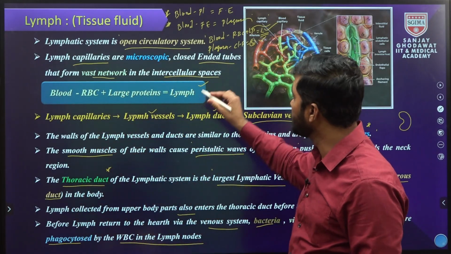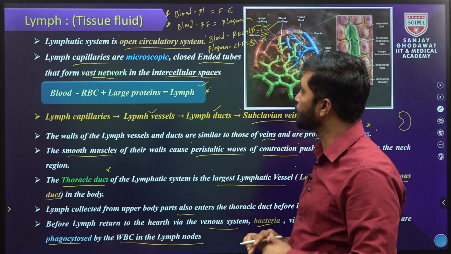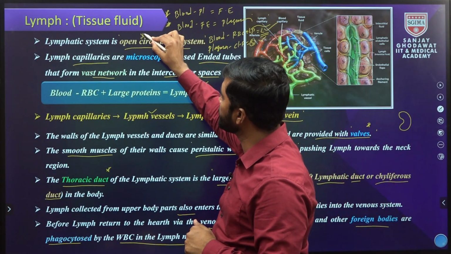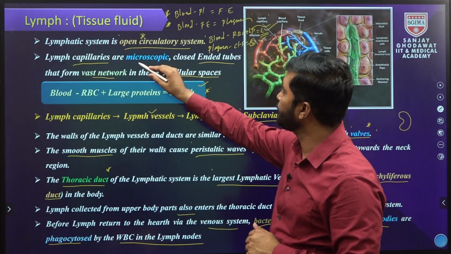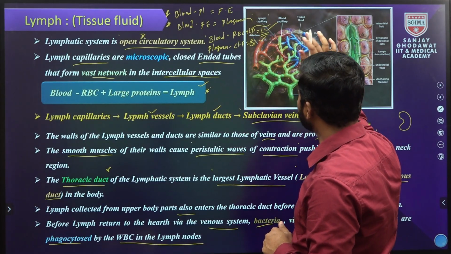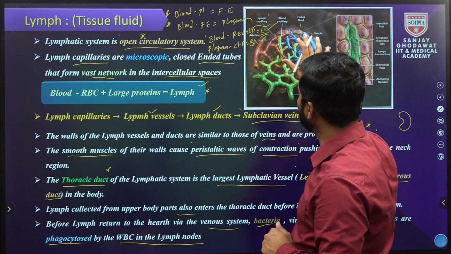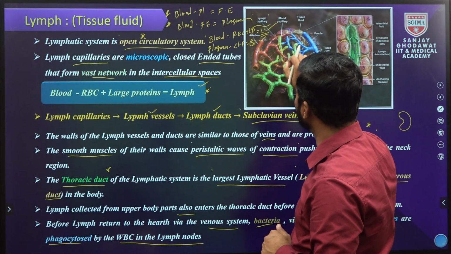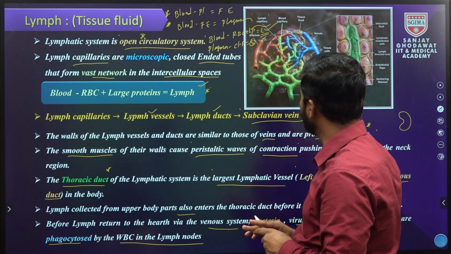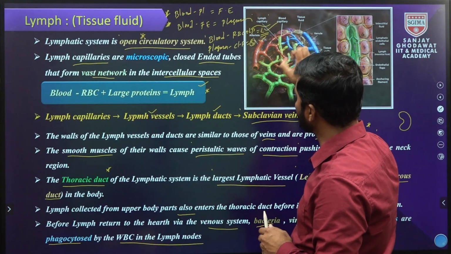This is very important, object-wise: open circulatory system, very important. Lymph capillaries are microscopic structures made of endothelial tubules, developing a vast network in the intercellular spaces, ready to absorb tissue fluid.